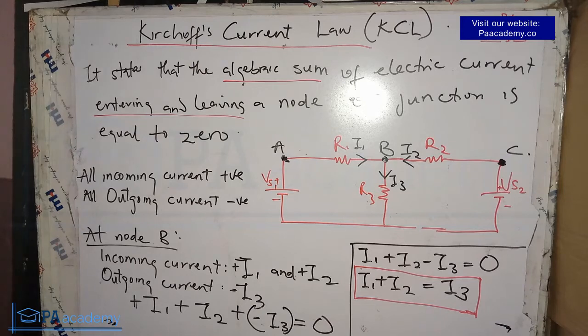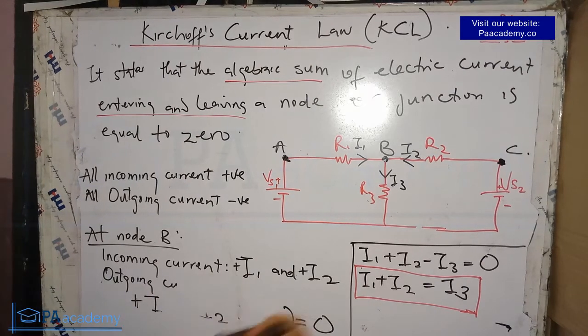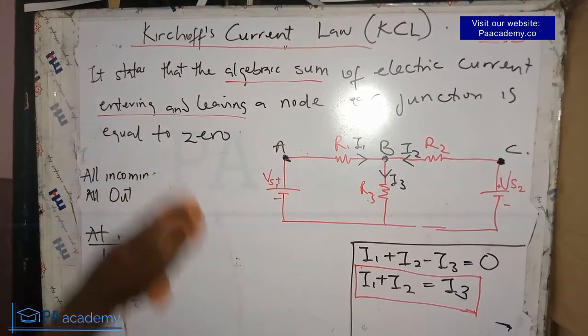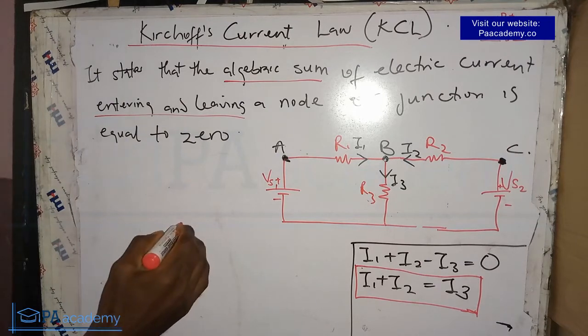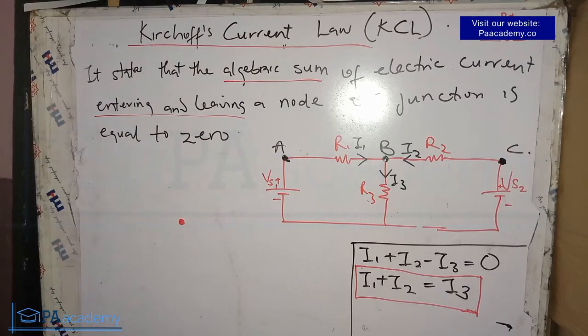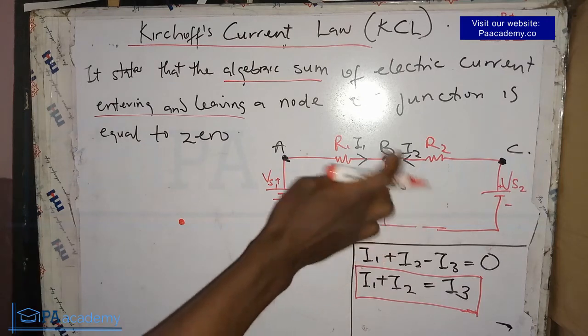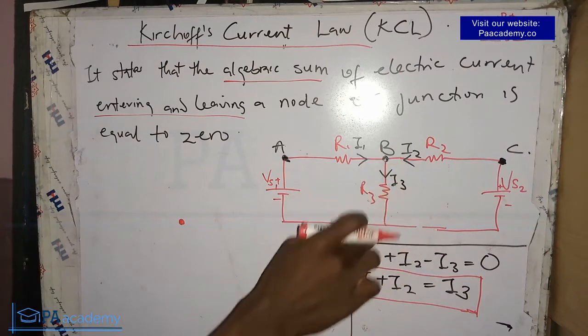Now let me do a small illustration here. You might pause the video if you want to write this down. If you have any node or junction, in this example we have different currents, some incoming and some outgoing.